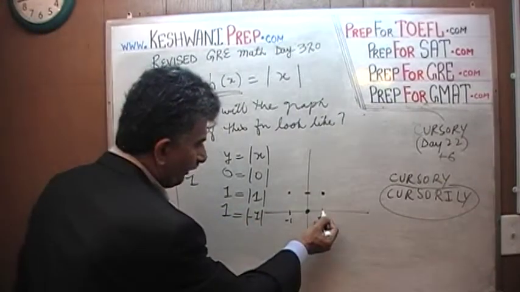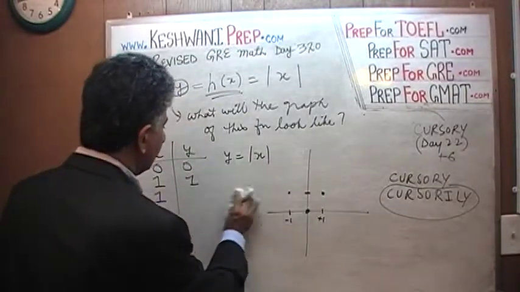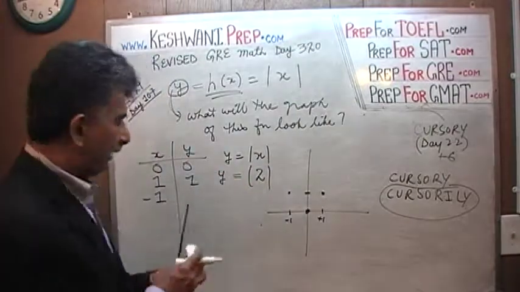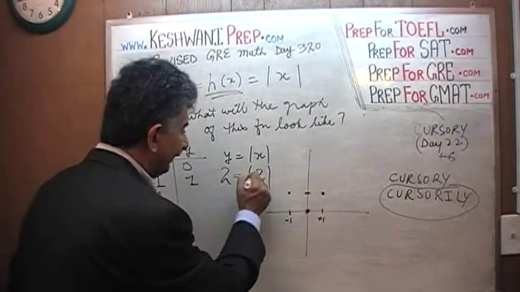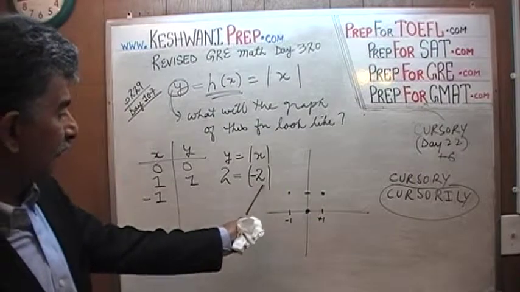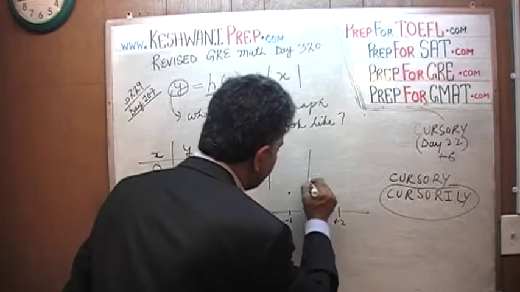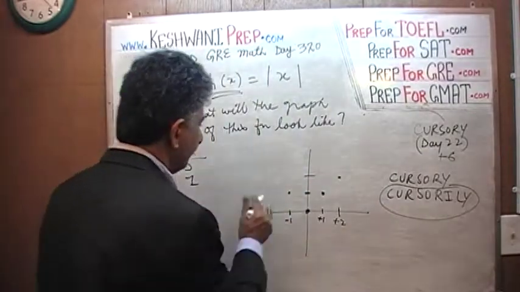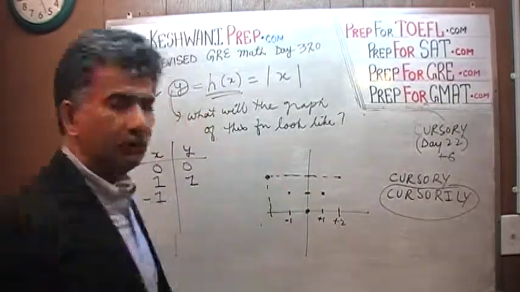What happens when x is 2? When x is 2, y is 2. The absolute value of 2 is 2. What happens when x is negative 2? Again, the absolute value of negative 2 is also 2. So when x is positive 2, the value of y is 2. When x is negative 2, the value of y is 2 again.